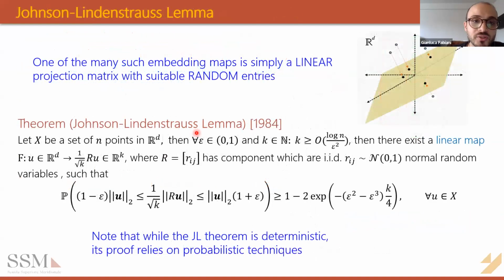There are many such embeddings, but one of these embeddings can be simply a linear projector, where we have a random matrix with random variables, and these random variables are normal random variables. With this approach, we can prove with high probability that we preserve the norm of the vector. Look, the theorem was deterministic, but the proof relies on probabilistic techniques.